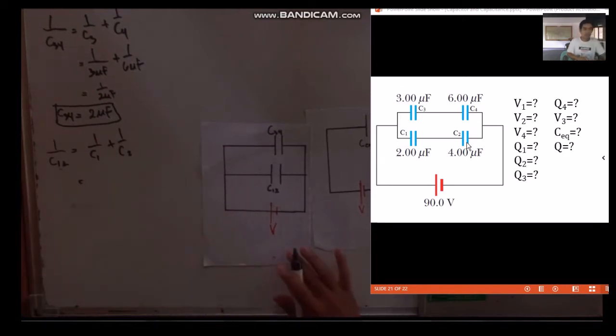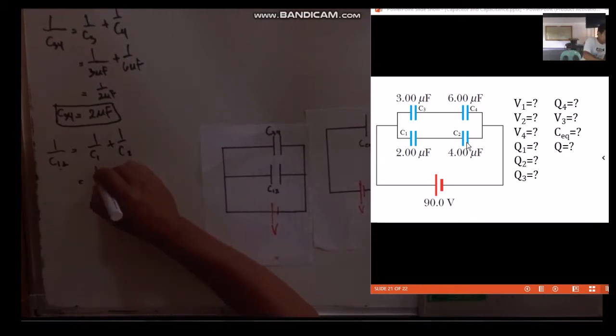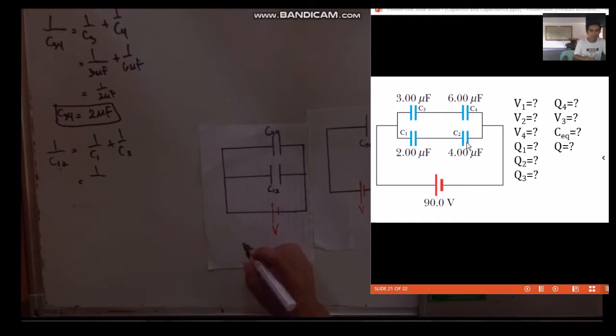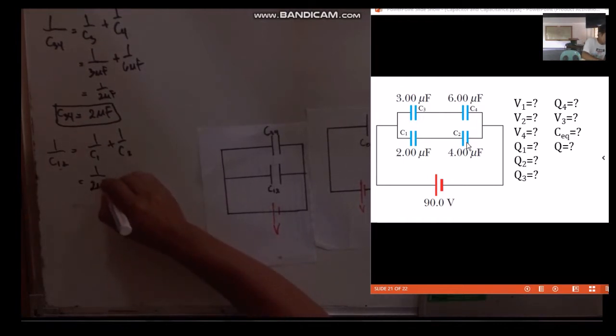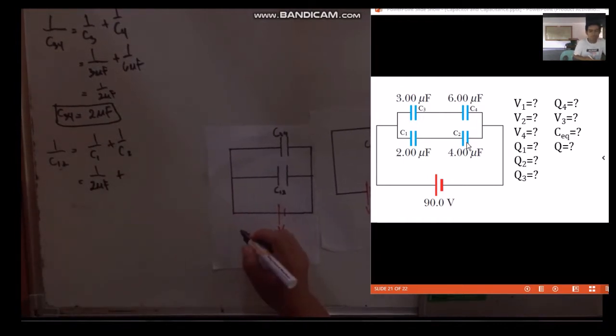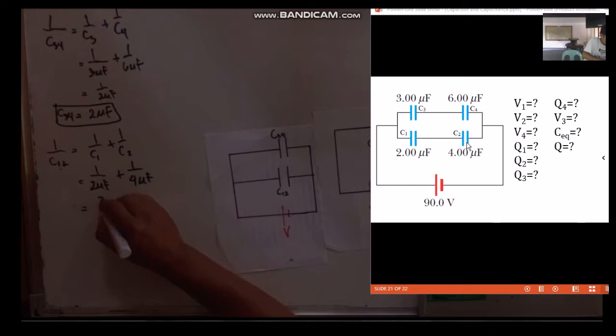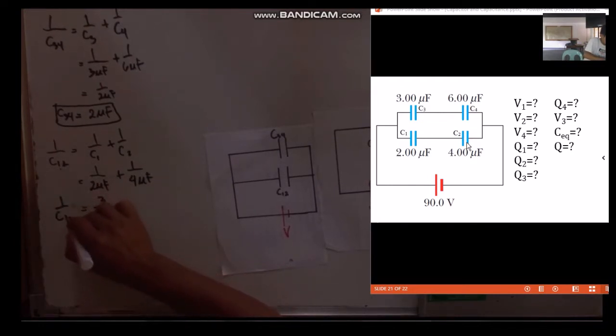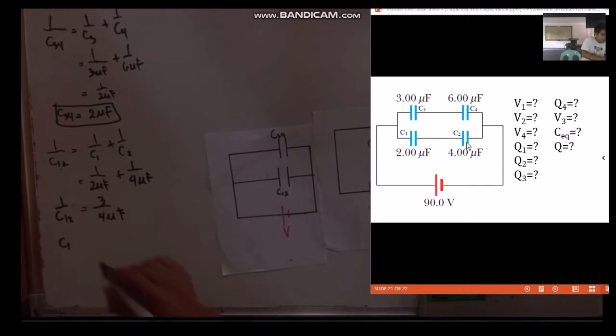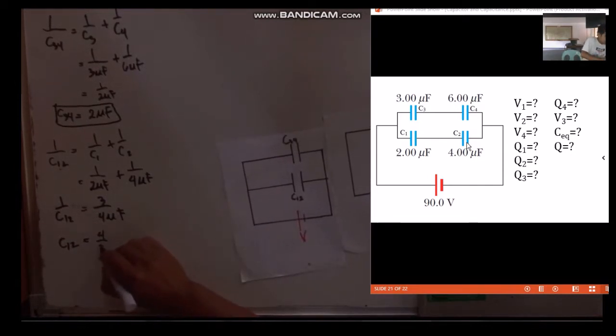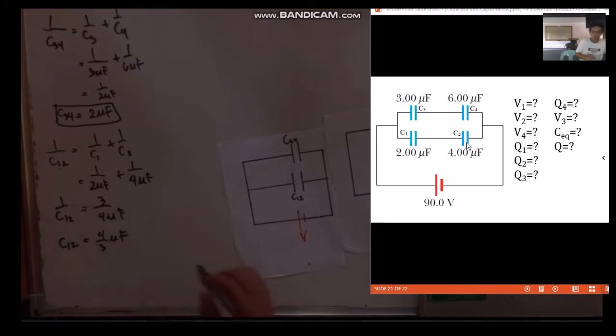Then what is 1 over C1? That's 1 over capacitor 1, which is 2 microfarad, plus 1 over C2, which is 1 over 4 microfarad. We have 3 over 4 microfarad. That's 1 over C12, or C12 equals 4 over 3 microfarad.